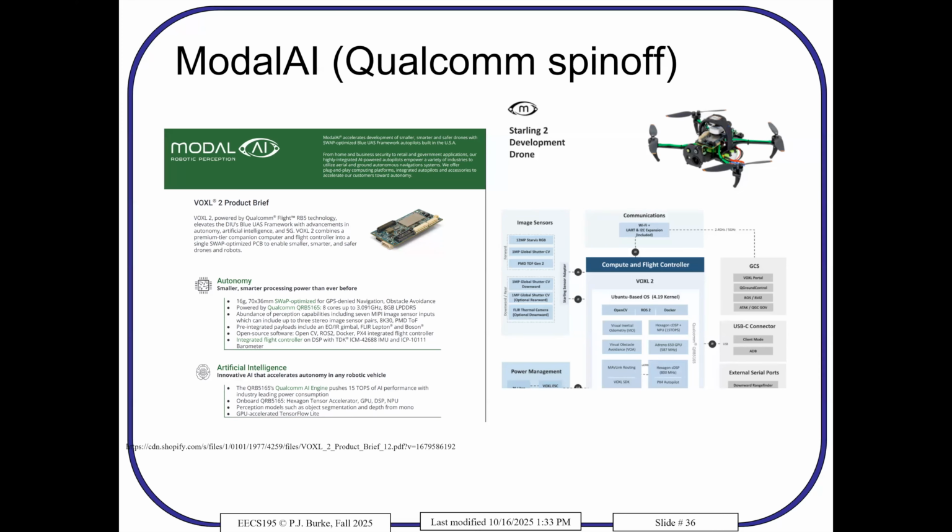So that company has a lot of engineering resources, and they were able to develop this custom flight controller that can do both the flight controlling, which we normally do, plus full onboard Linux to do all the different things you want to do in Linux: OpenCV, ROS2, Docker, all the obstacle avoidance image processing that you want to do.